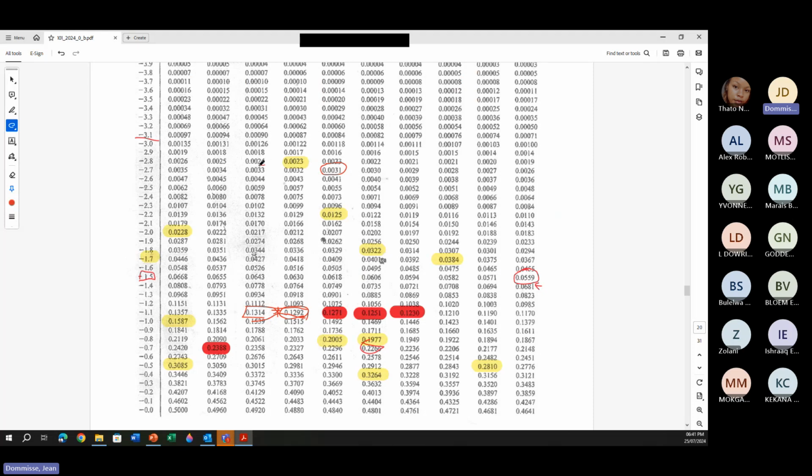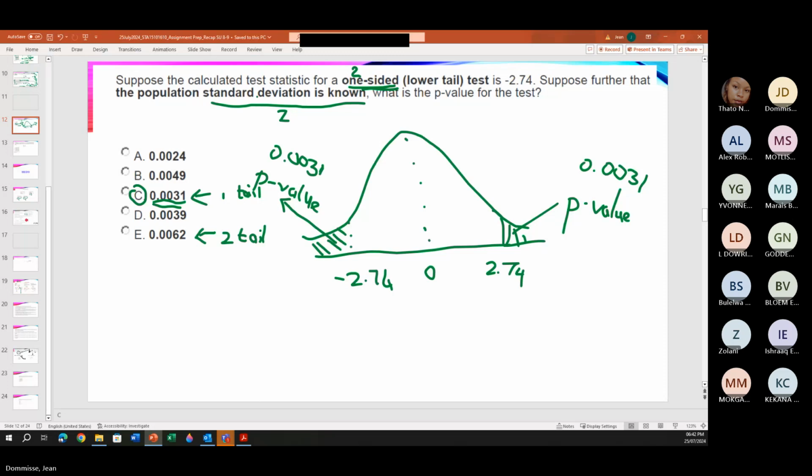0024. So I don't know why we would have gone to minus 2,82 to go to that space.